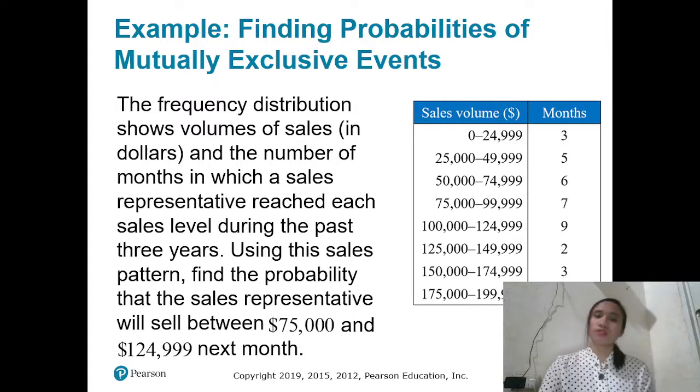These are the sales. Inside the box, 0 to 24,999 dollars happened in 3 months, and so on and so forth.